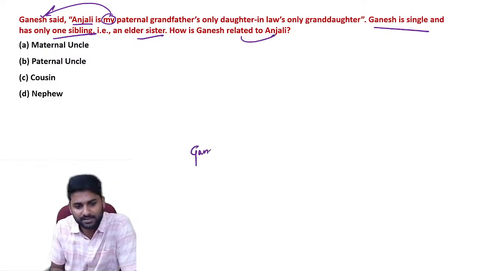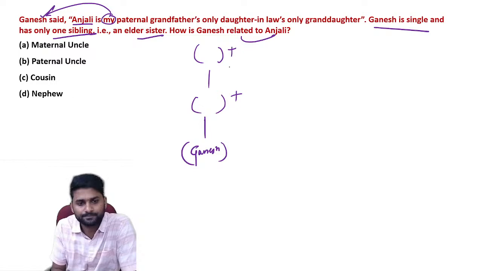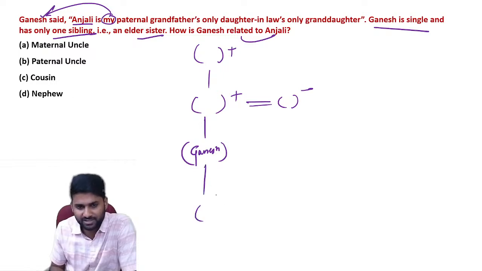So let's take this information. Ganesh. Paternal grandfather means father's father. Only daughter-in-law means definitely Ganesh's mother. Only granddaughter means there are two possibilities here: either Ganesh's children or Ganesh's sibling's children.